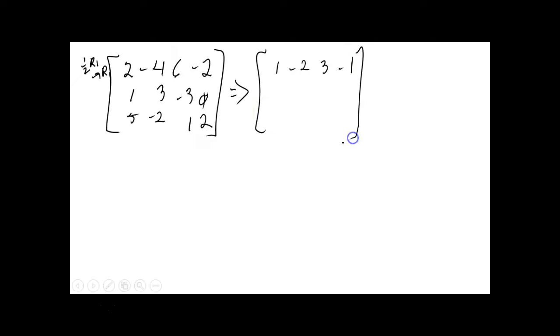Now, if you haven't noticed it yet, I should have said something before I erased the previous screen. You're doing simple arithmetic, but you're also writing down a lot of the same things over and over again. Unfortunately, that comes with matrices. You just got to be careful.